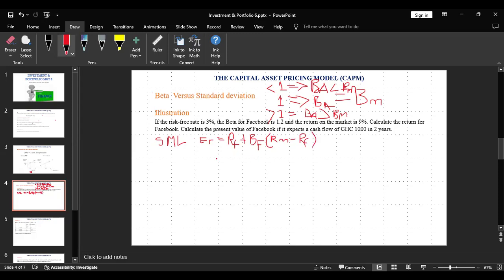Okay, so let's input the necessary information. Risk-free is what? 3%. Okay, plus beta of Facebook is what? 1.2.